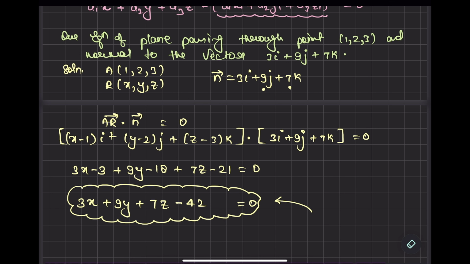So you will get only information about the normal vector, and that you extract from the coefficients of x, y, and z. Okay, so from the equation of a line, you can extract two pieces of information, a point on the line and a vector along the line. But from the equation of a plane, you can extract only one piece of information, the normal vector.